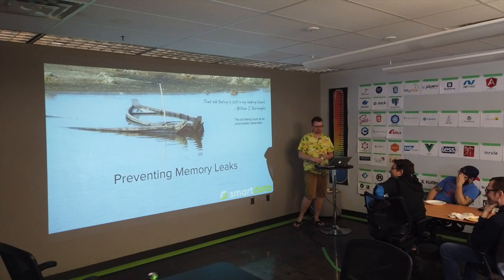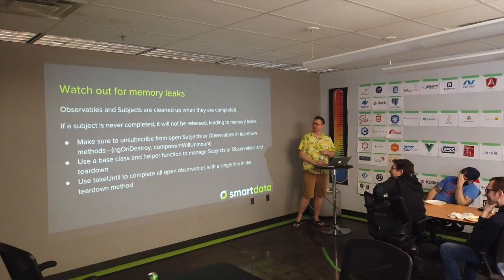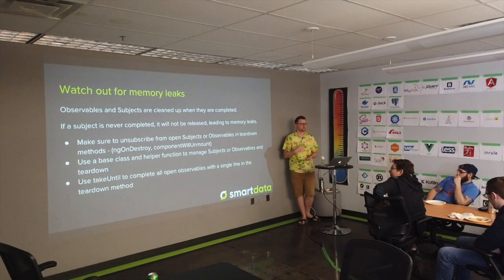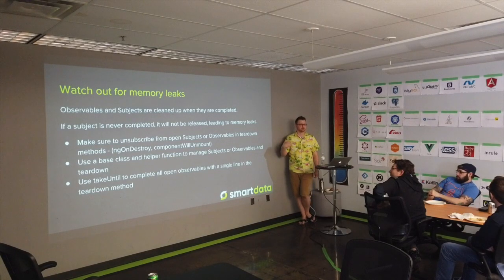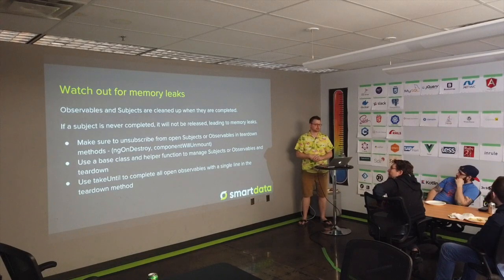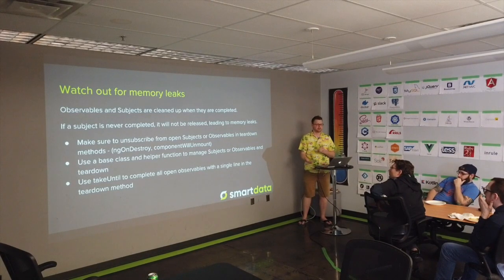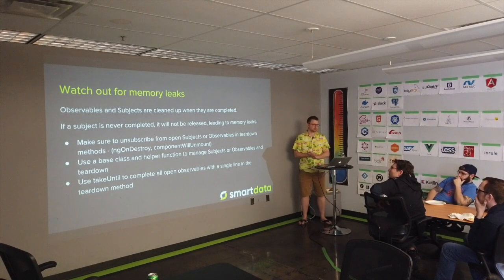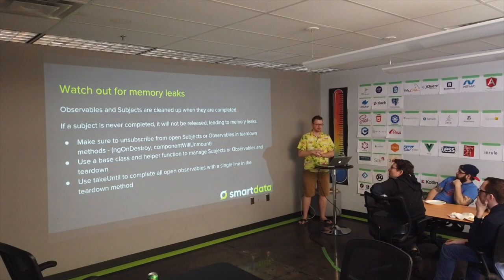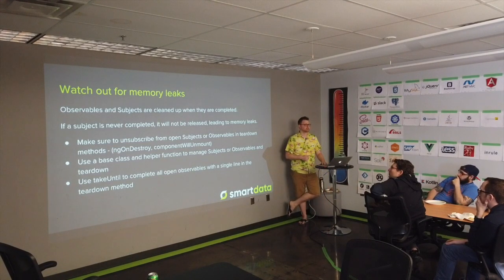So how do you prevent memory leaks in RxJS? One thing to keep in mind is that observables and subjects are only cleaned up when they're completed by default. They're not going to clean themselves up when you destroy your component. If your subject isn't completed, it's not going to be released, and you're going to get memory leaks. So make sure you always unsubscribe from any subjects or observables that are open, anything you know isn't going to be completed. Unsubscribe in teardown methods like ngOnDestroy or componentWillUnmount.